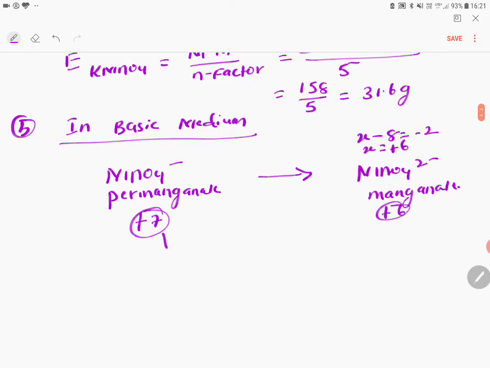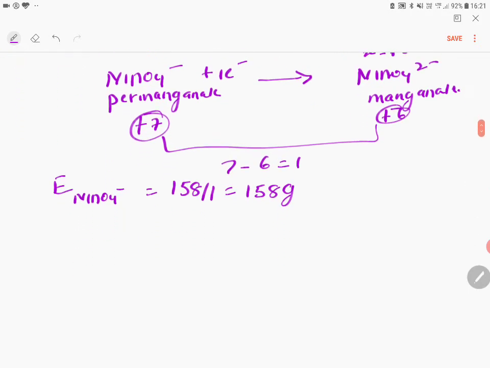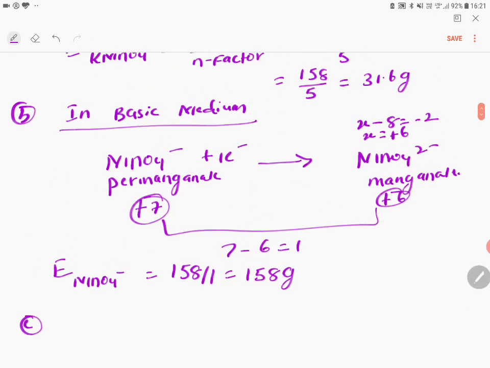So the change in the oxidation state will be 7 minus 6 equal to 1. Therefore, the n factor is 1. Therefore, the equivalent mass of permanganate in a strongly basic medium is equal to molar mass, same formula, divided by 1, that is equal to 158 grams. So option B is a strongly basic medium.